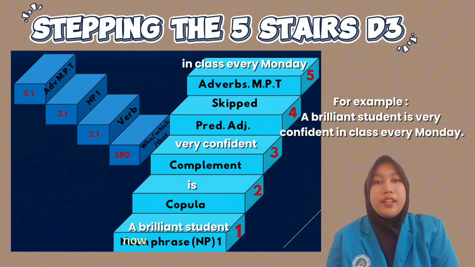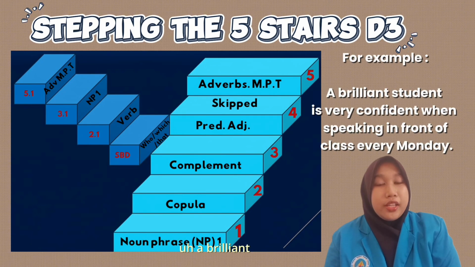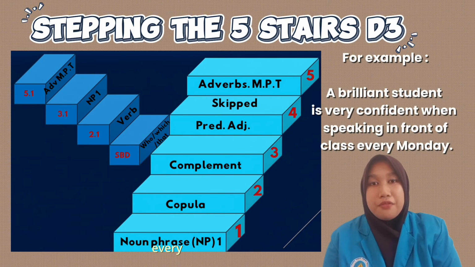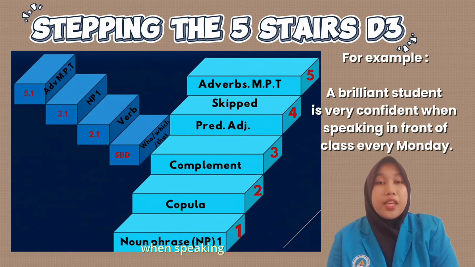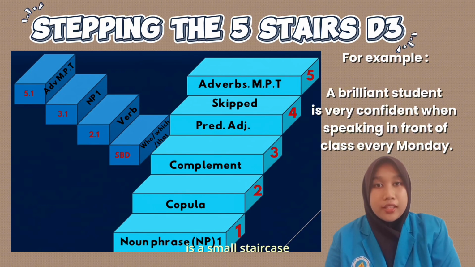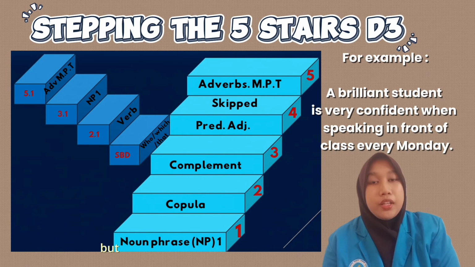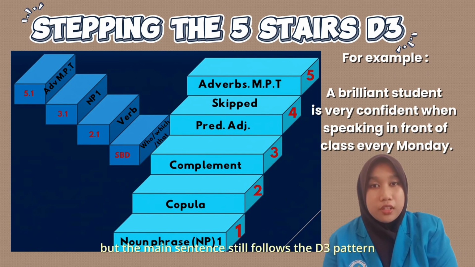So, now let's add a small staircase inside the complement. A brilliant student is very confident when speaking in front of the class every Monday. So the clause when speaking in front of the class is a small staircase because it gives more detail about the complement, but the main sentence still follows the D3 pattern.